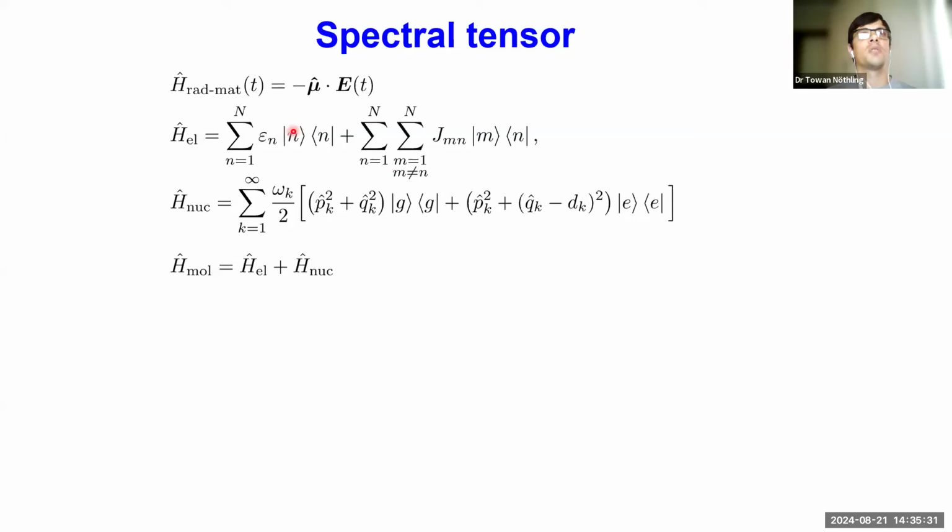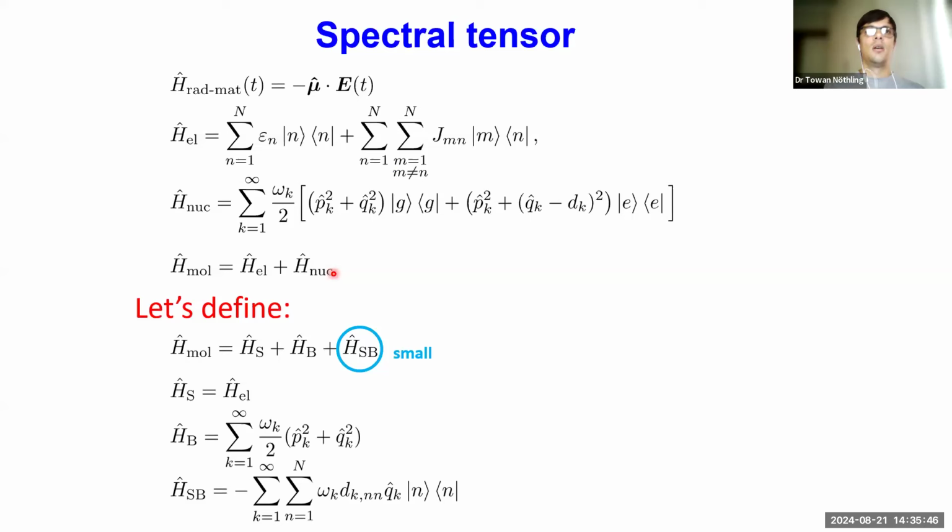So the spectral tensor. We considered the radiation matter Hamiltonian, the electronic Hamiltonian, the nuclear Hamiltonian, and we said that the molecular Hamiltonian is the sum of the electronic and nuclear Hamiltonians. Now let's partition this molecular Hamiltonian in another way.